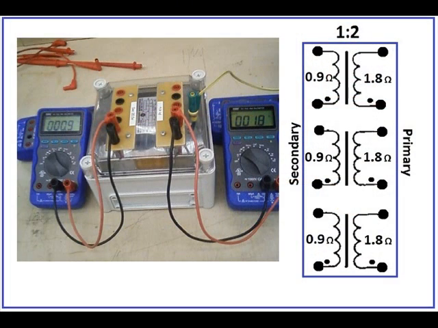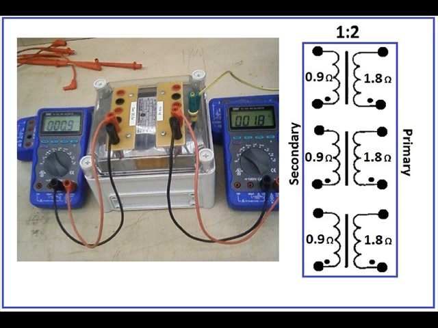The first test we're doing here is the resistance test of the windings. This is used for comparison purposes. What we can determine here with a step-down transformer is that the resistance of the primary will be higher than the secondary.